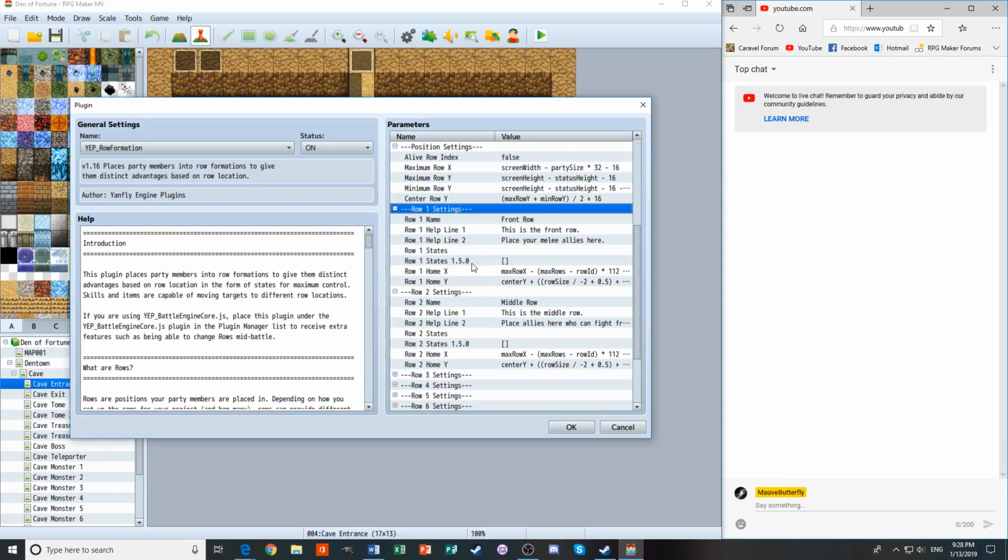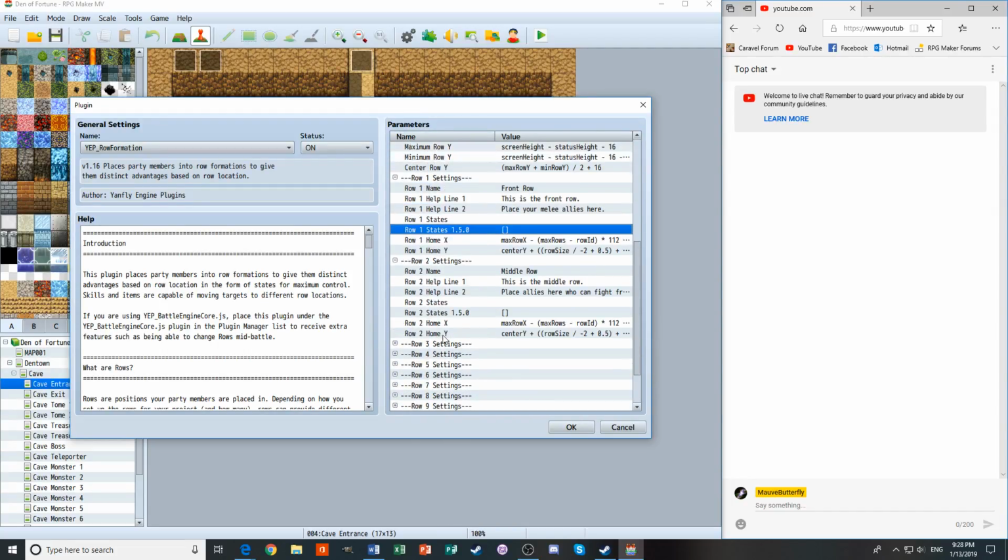We might actually, now that I think about it, we might be interested in getting Yanfly's Taunt plugin installed and using that so that row 1 will have a taunt effect for melee attacks. So melee has to hit the front row. That is something to consider.